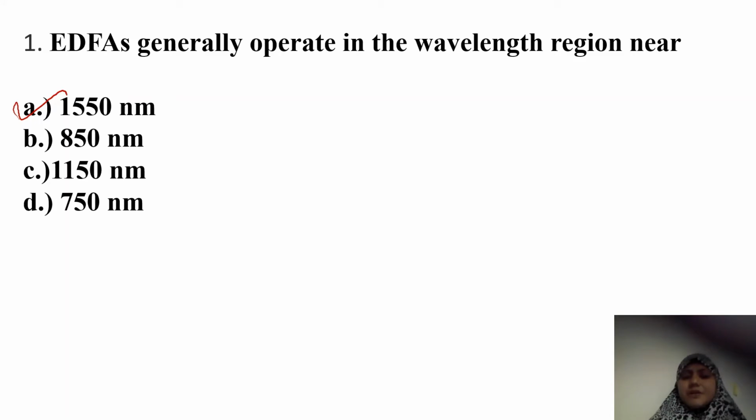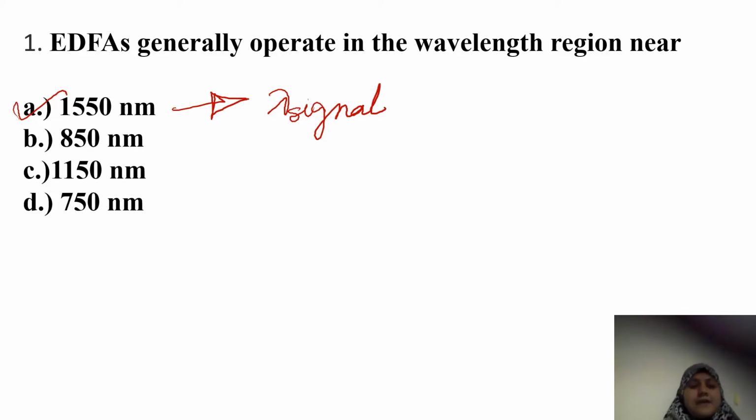Now let us move on to the next question. So 1550 nanometers gets amplified. Okay, signal in this wavelength range gets amplified.